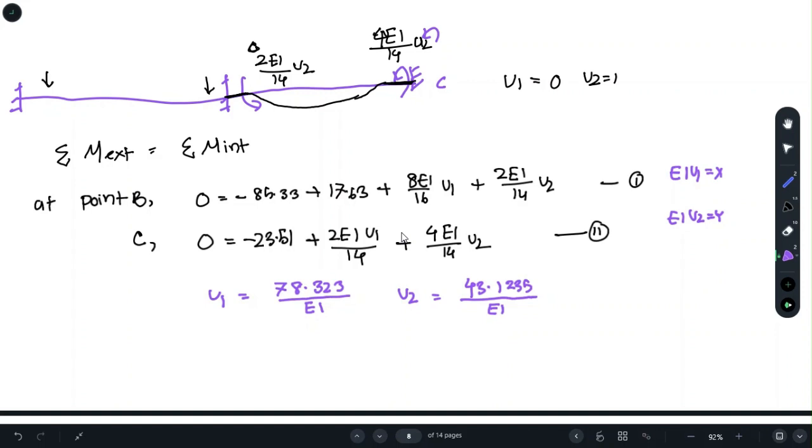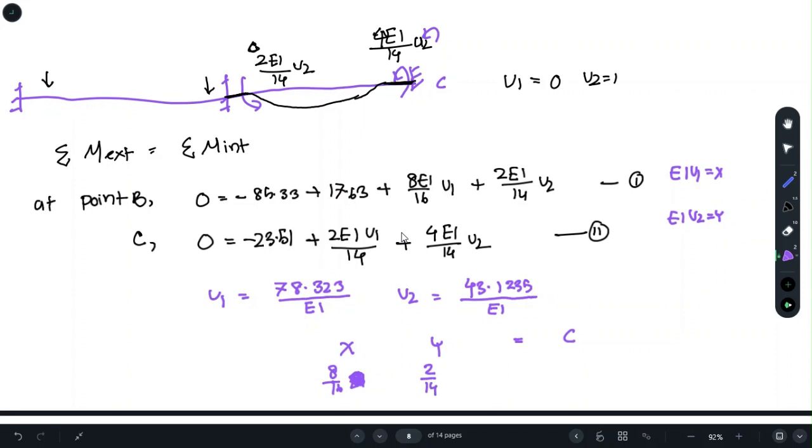Once again, you'll go to your calculator. You have x and y, and you have a constant. In your x, you will have 8 over 16 EI, and this is your y, which is 2 over 14.